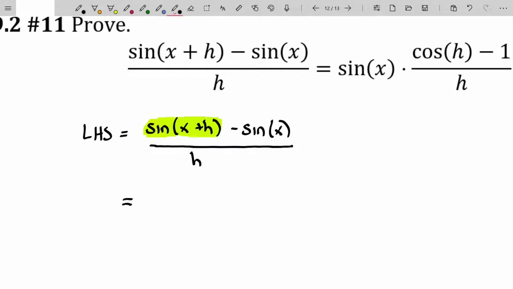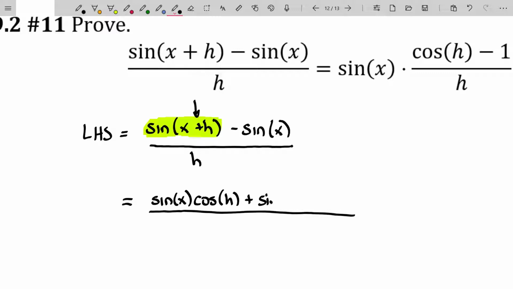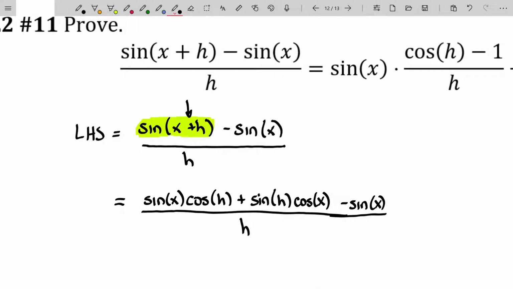So we'll say it's a big old fraction bar. Sine of x plus h is the sine of x times the cosine of h, plus, because the sine keeps its sign, sine of h, cosine of x, and then we still have a minus sine of x hanging off the back end. And this is all over h.